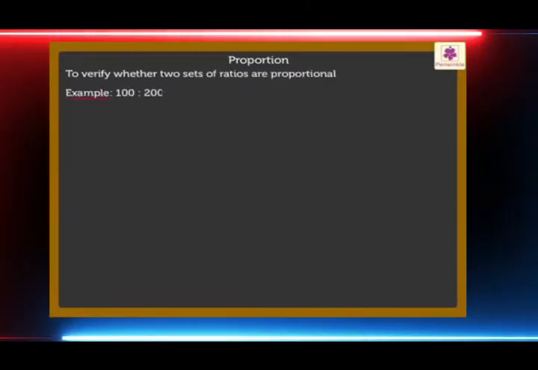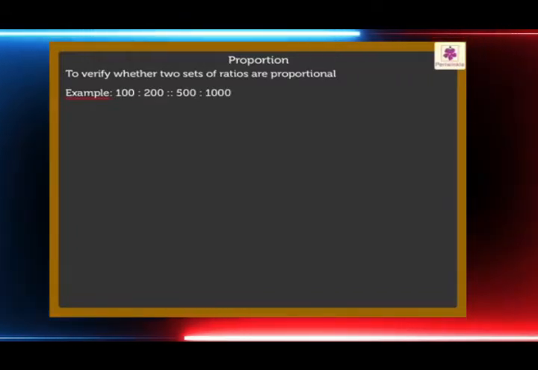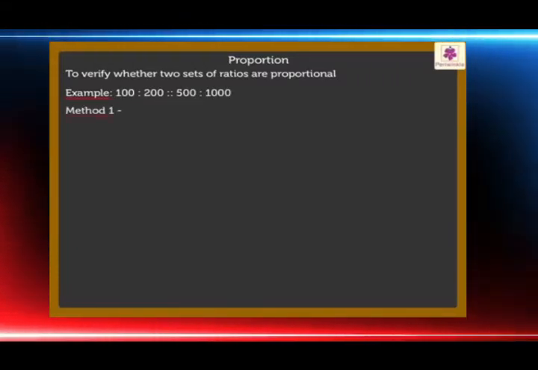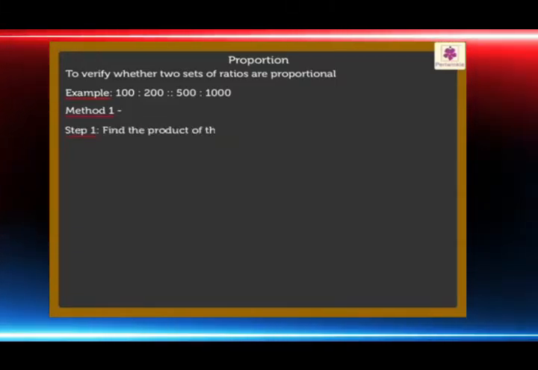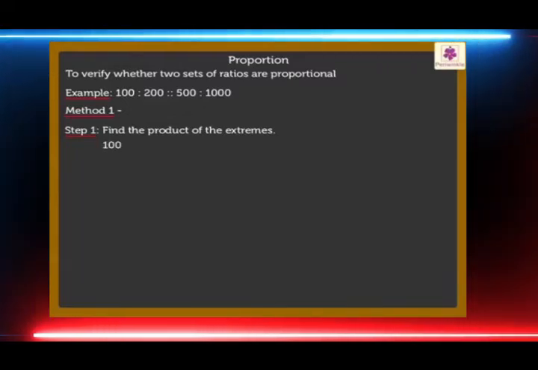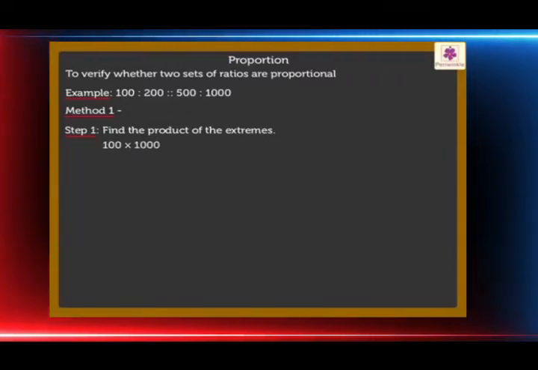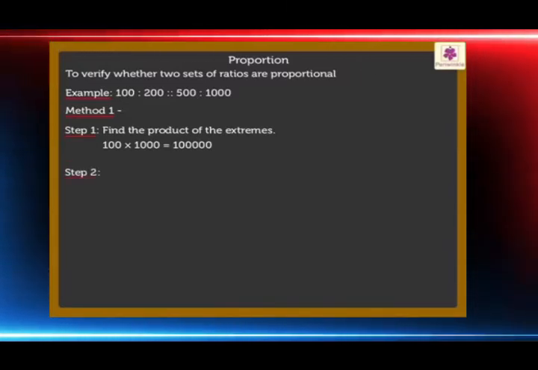Let us take the ratios of the earlier example. There are two methods. Method 1. Step 1. Find the product of the extremes, which is 100 into 1000 is equal to 1 lakh. Step 2.